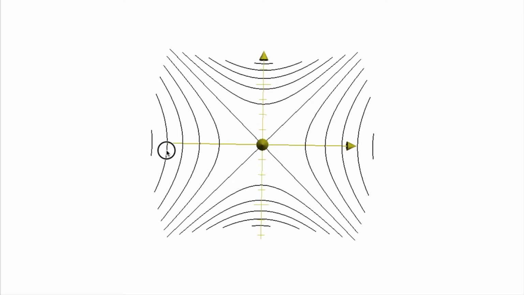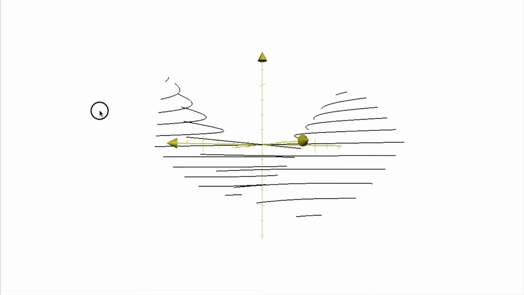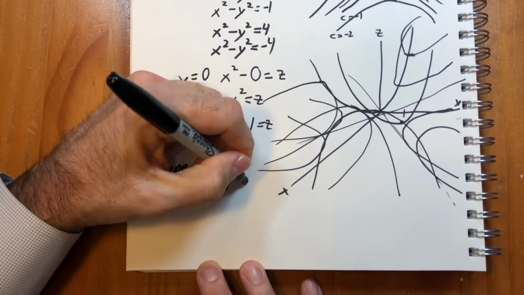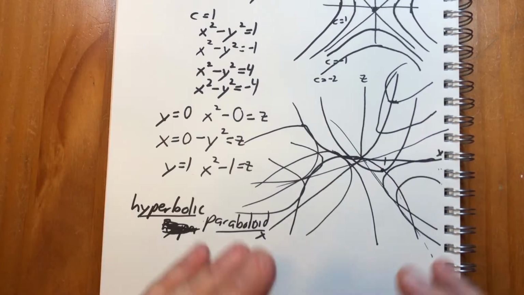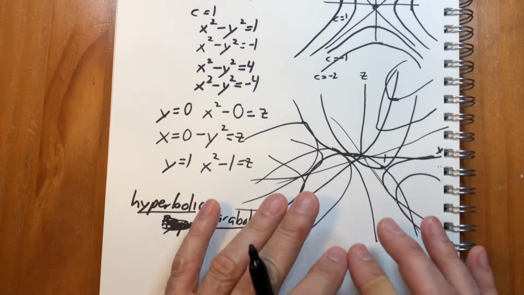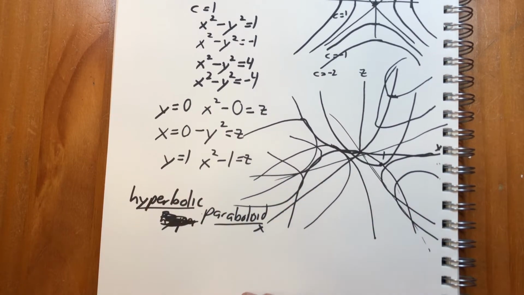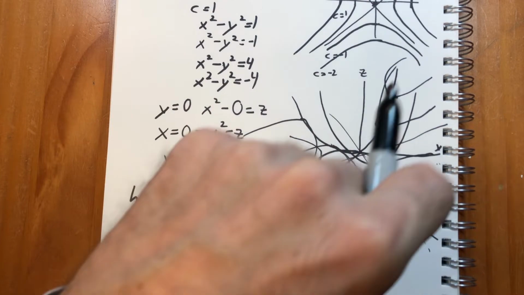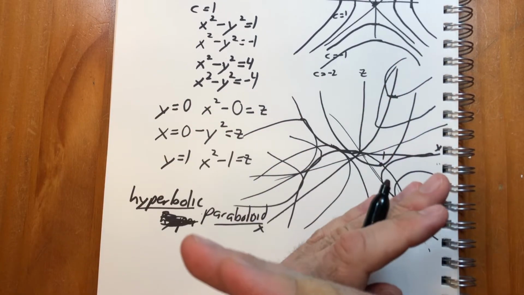Here's what this surface looks like in Grapher. So this is called a hyperbolic paraboloid. Consider how this one is different from the elliptic paraboloid. With the elliptic paraboloid, you can slice it in 3 directions. When you sliced it along the xy plane, it made ellipses. And if you sliced it vertically, it made parabolas in 2 directions.